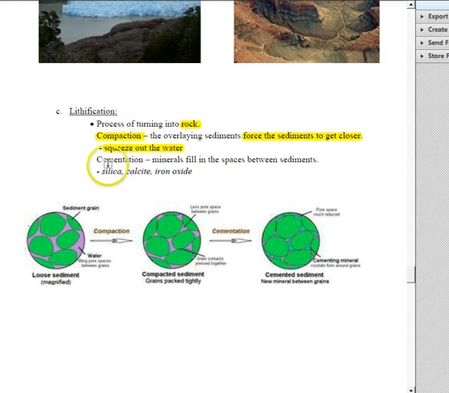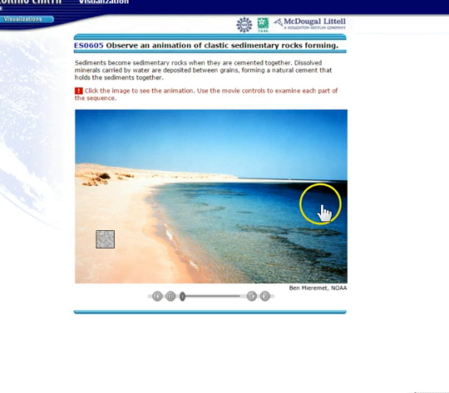Cementation is now when we take those sediments that are really close together with not a lot of water. The water had minerals in it, okay, and those minerals are going to fill in those spaces that you can see in this diagram. We have the loose sediment brought together, squeezed together, water leaves, but the water has minerals in it, and that's what we're going to see here. So if we watch this animation here, this is a beach, okay, and these are just a couple of sediments.